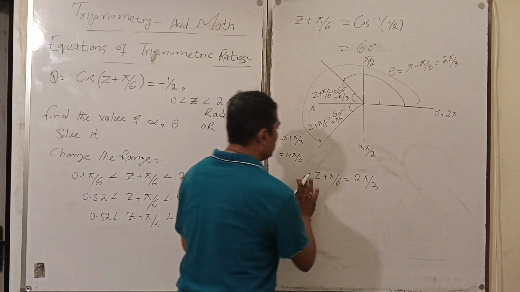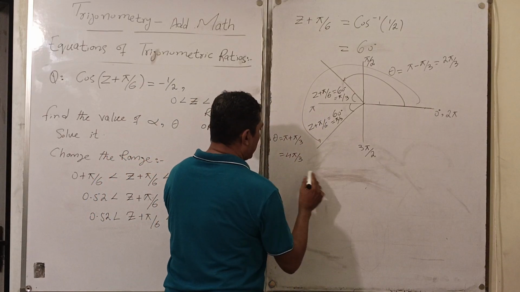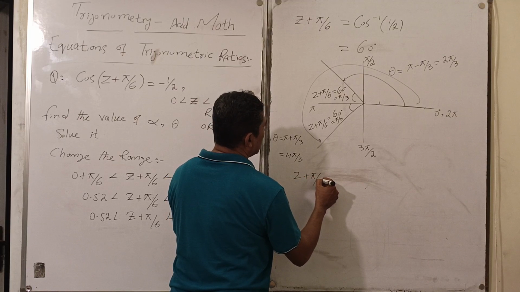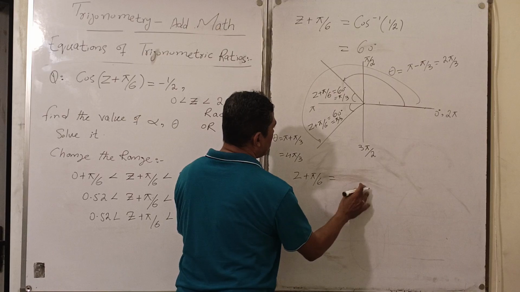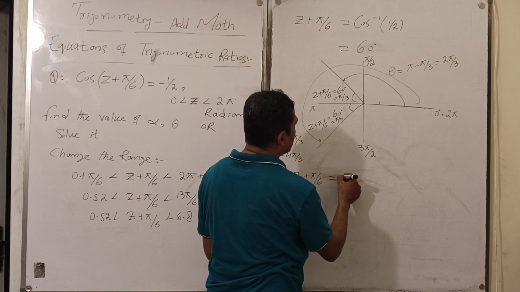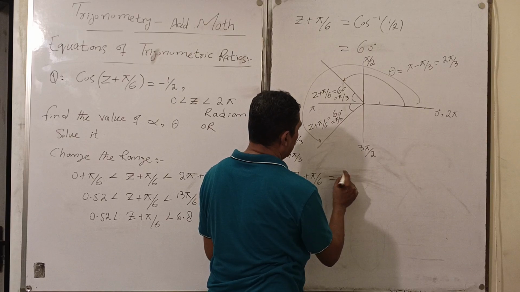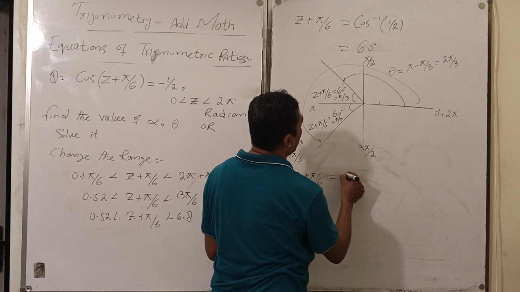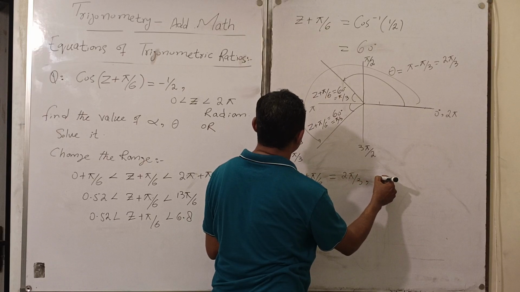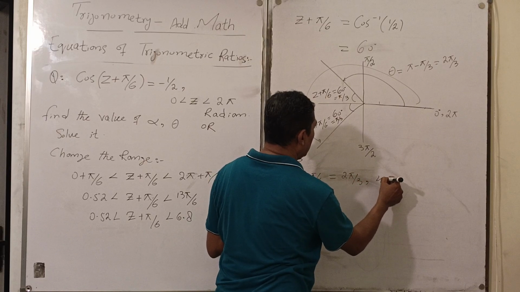I am writing z plus pi by 6, it is equal to what? One value of theta is 2 pi over 3, and the second one is 4 pi over 3.